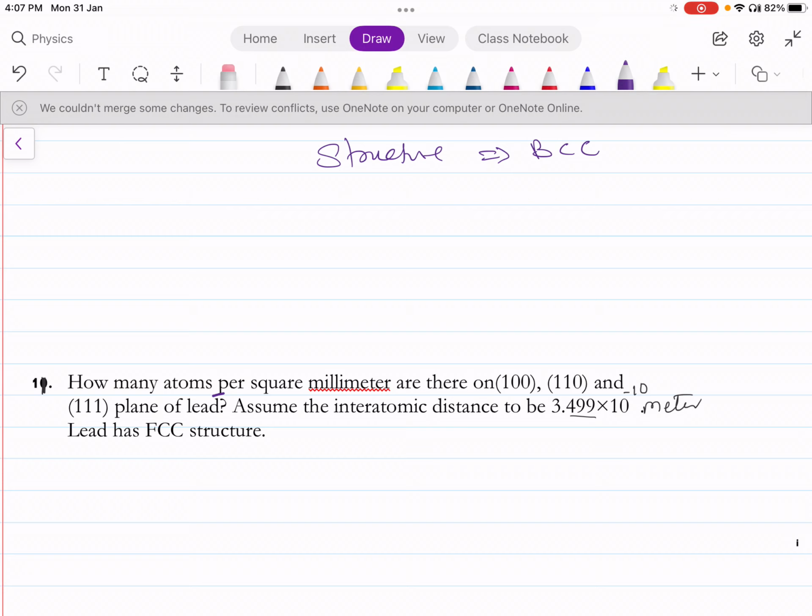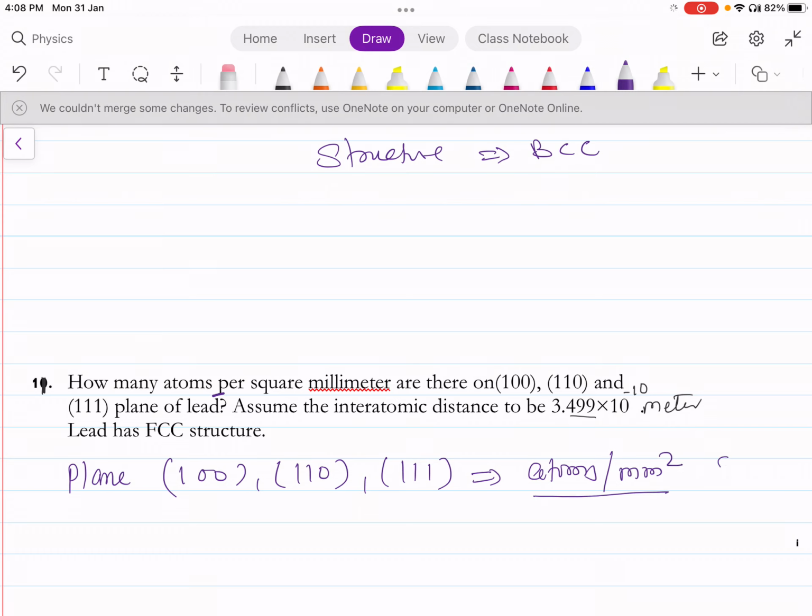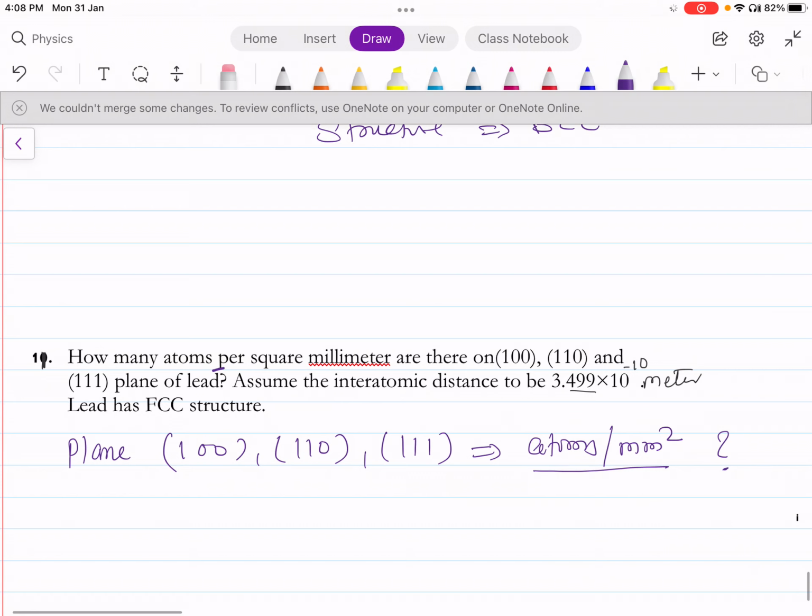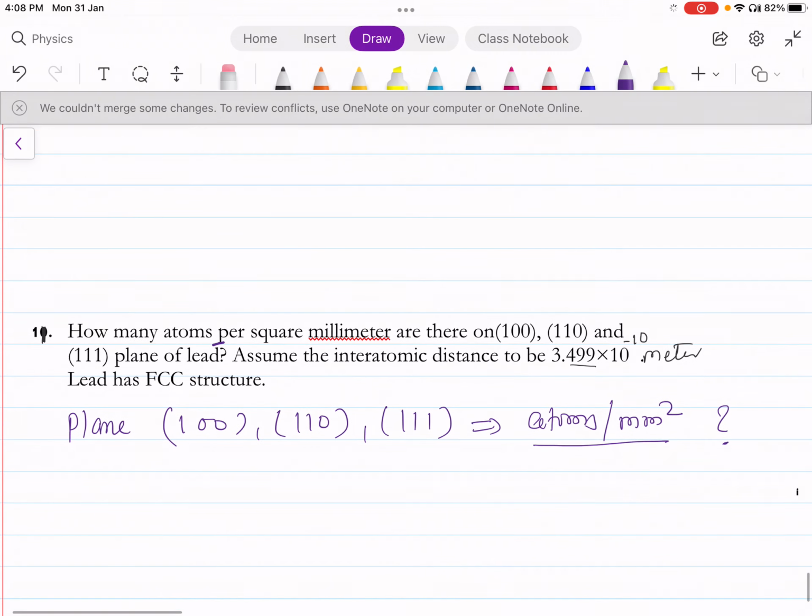So the given things are: the structure is given, and first the planes are given. In these planes, say 100, 110 and 111, what we have to find is atoms per millimeter square. And interatomic distance is given.